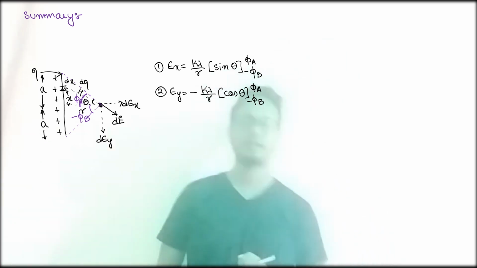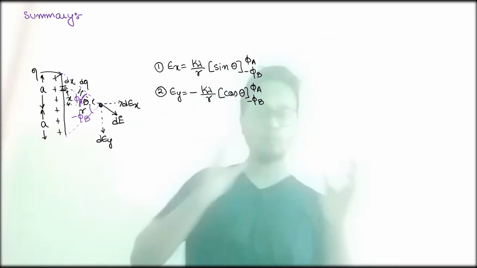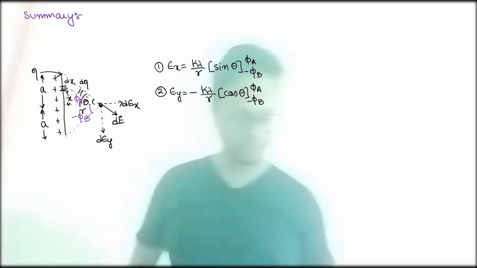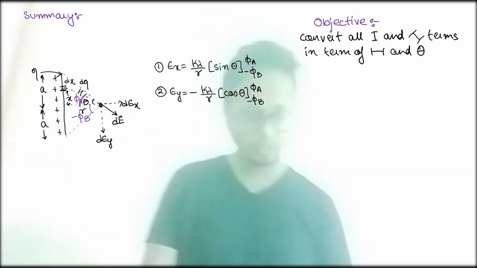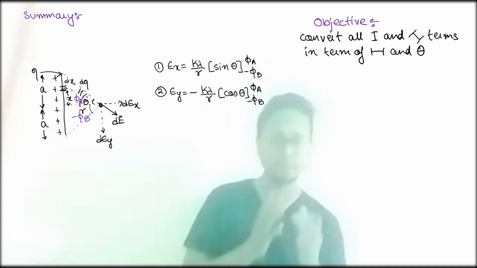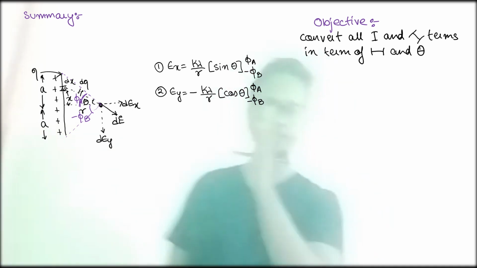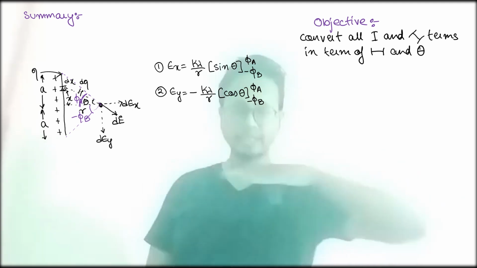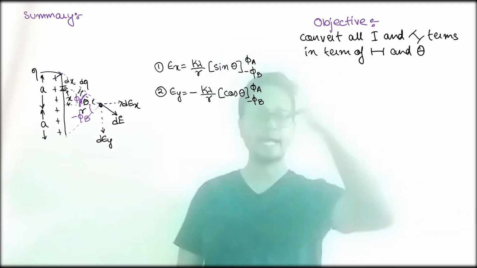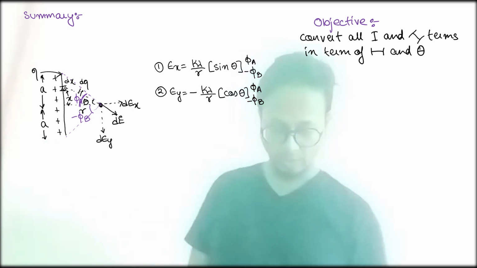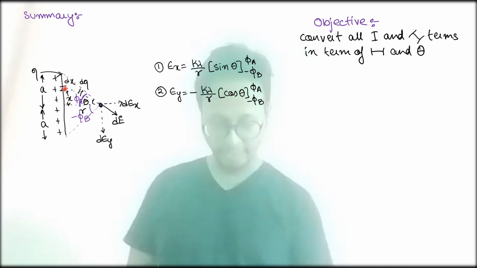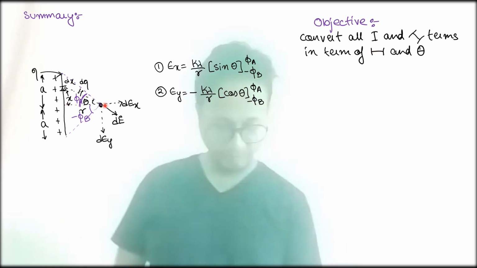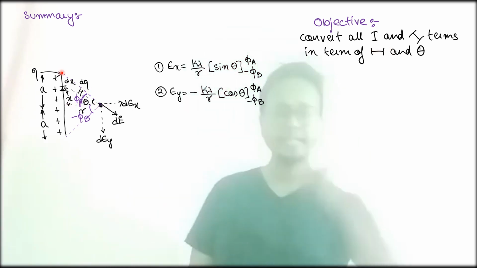Now the third portion, what I actually did in the problem, was the objective of the problem. In this type of problem, I converted all the vertical terms and the hypotenuse terms into terms of this distance r, the horizontal length, and angle theta, and then I integrated it.